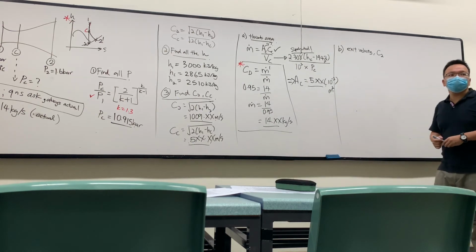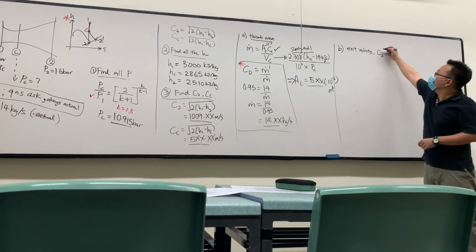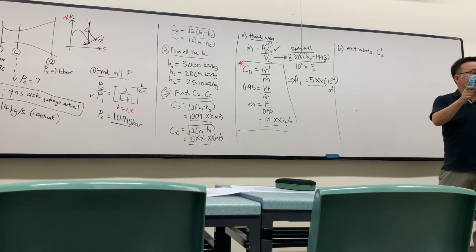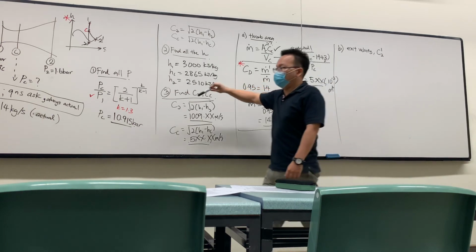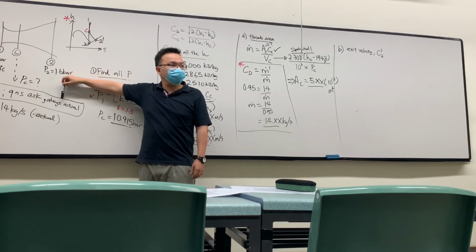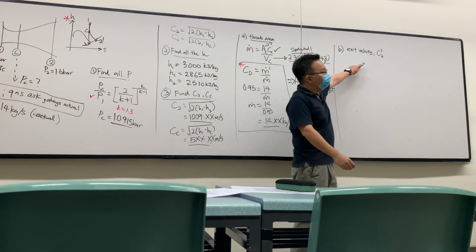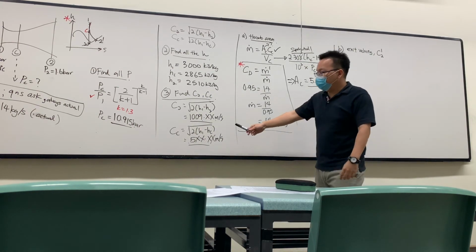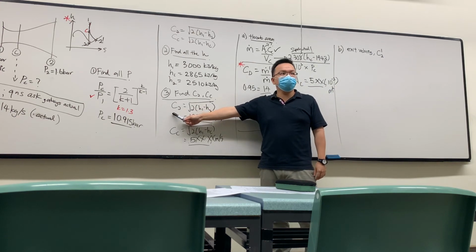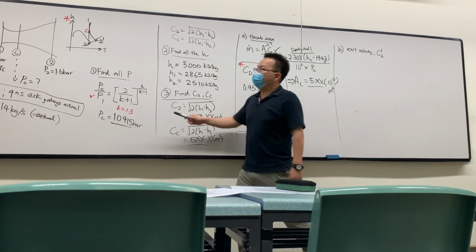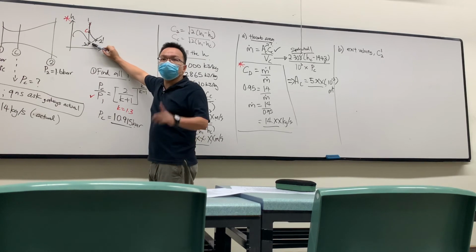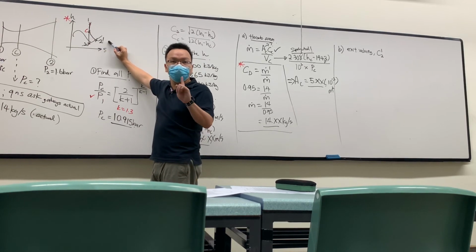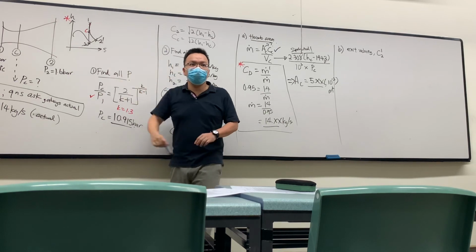Ideal. Prime. The question gives, the question asked, always actual. Means you are looking for C2 prime. What you find here is C2, this is your ideal one. Clear or not clear?